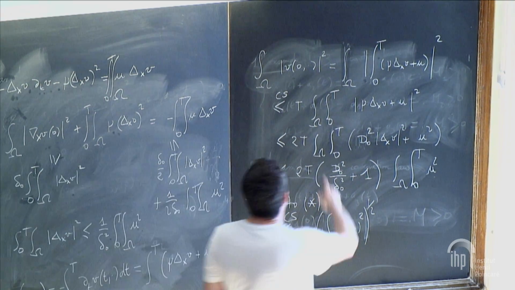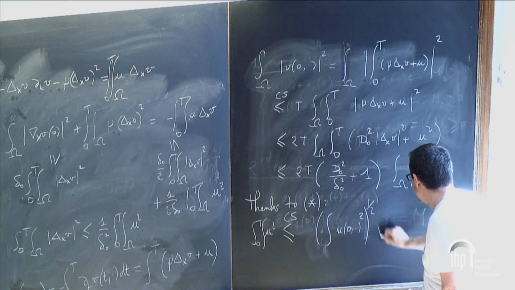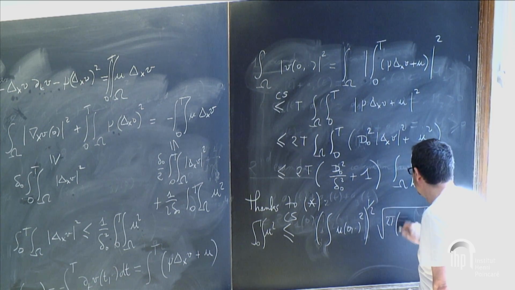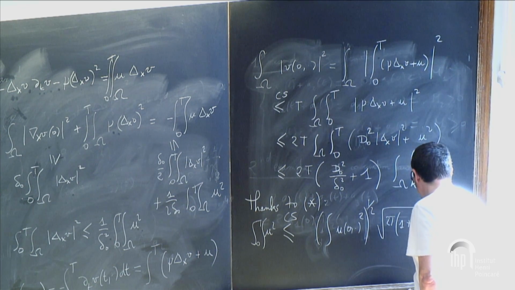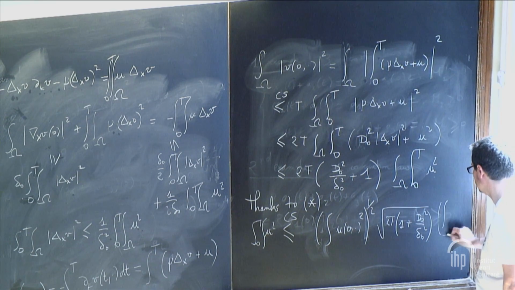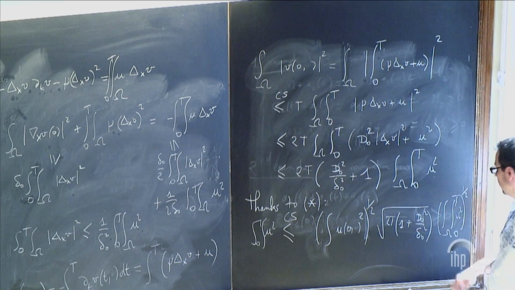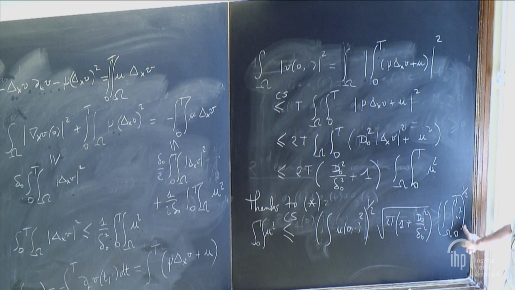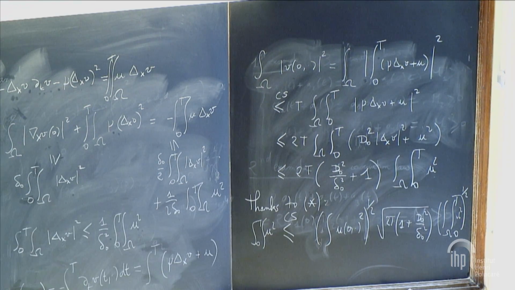And this is, thanks to this computation, less than square root of 2t times 1 plus d0 square over delta 0 square, times the square root of this. And now I simplify by the square root of u. And finally, I get exactly what is written here. Okay?